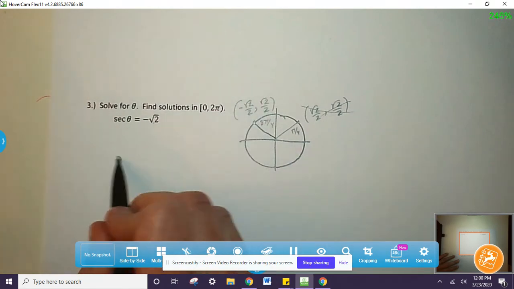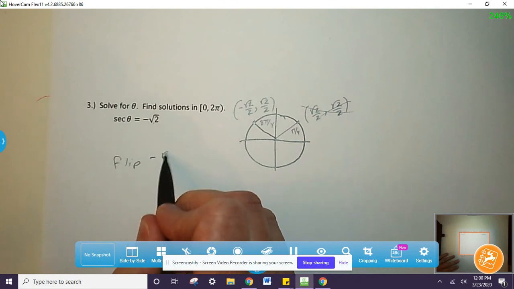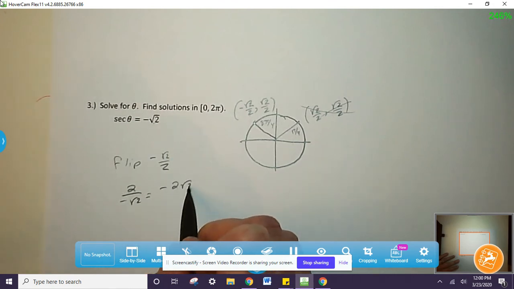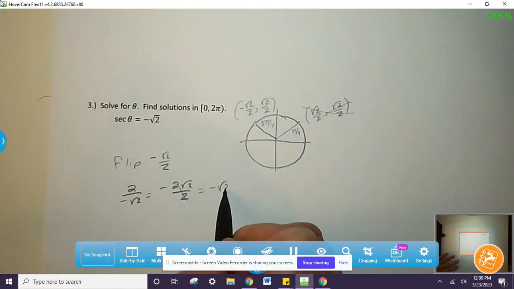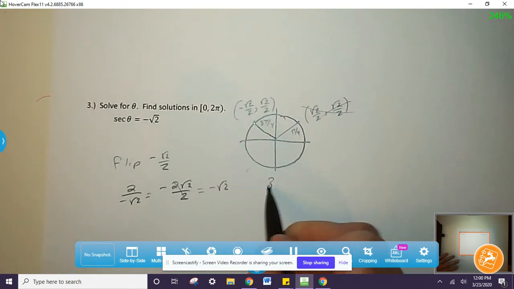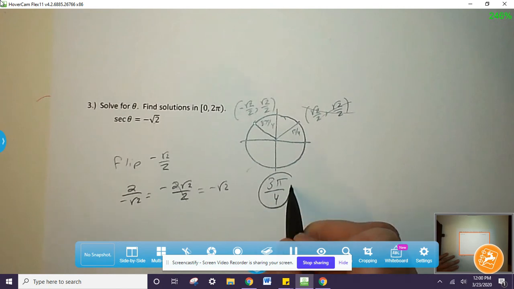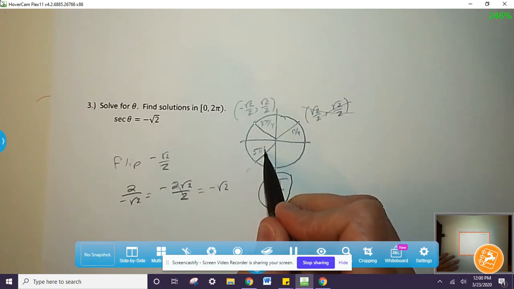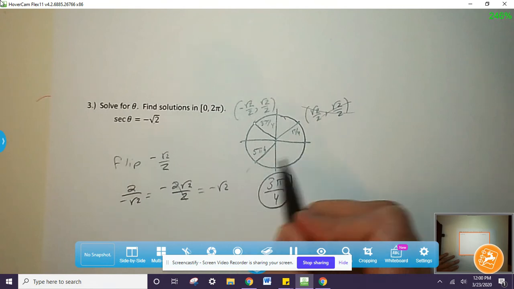So if I go ahead and flip negative radical 2 over 2, I get negative radical 2. So 3 pi over 4 does work. And then 5 pi over 4 is not going to work because you're going to have a negative x and a negative y coordinate.